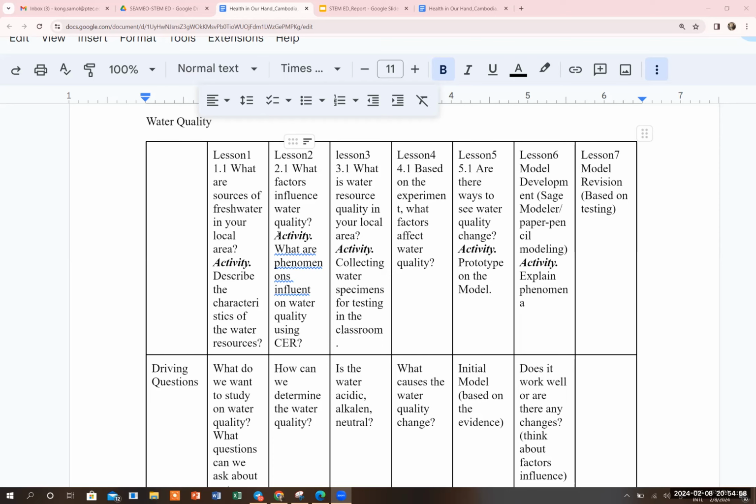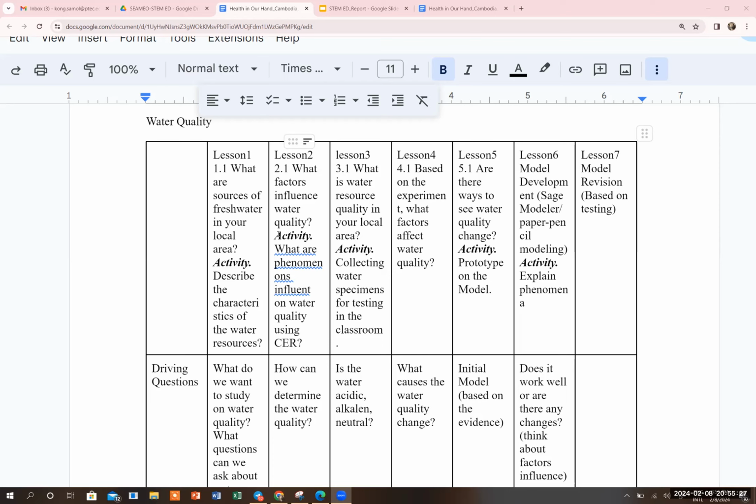And lesson 4 is based on the result that we got from lesson 3, and we are going to think about the factors that affect water quality. So the students might think beyond the lesson to the sources of the causes and effects that they can see in their local areas.